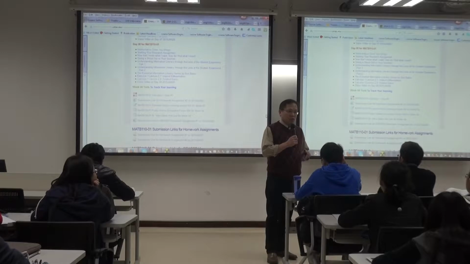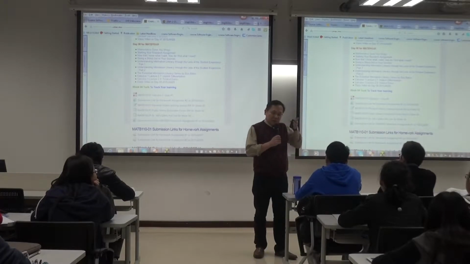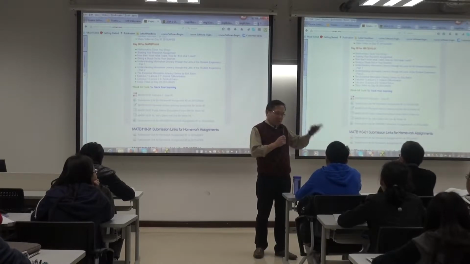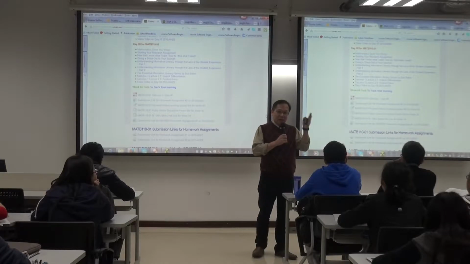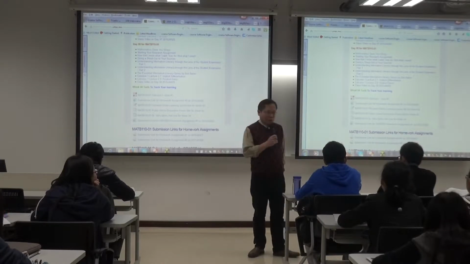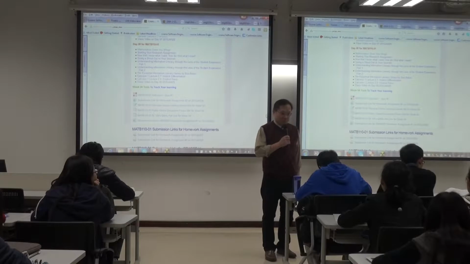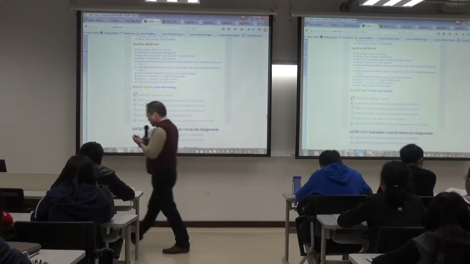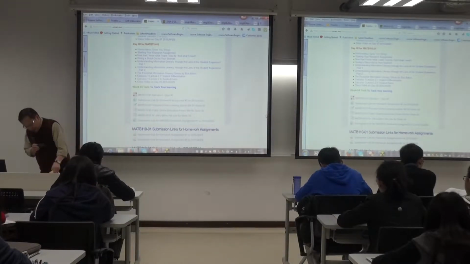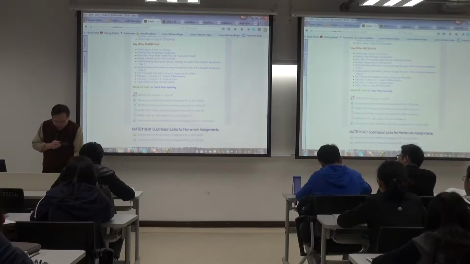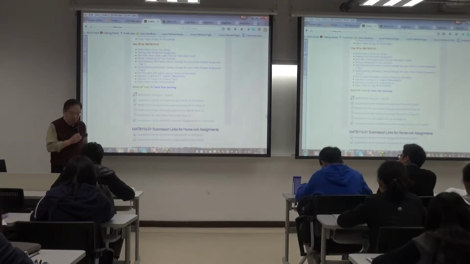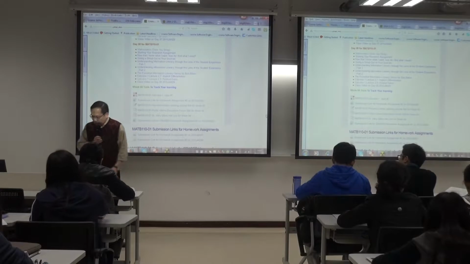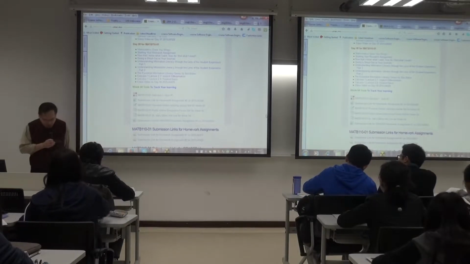Now, do you remember the connection between the instantaneous rate of change and the average rate of change? If you happen to forget, turn to page 114 of the textbook.